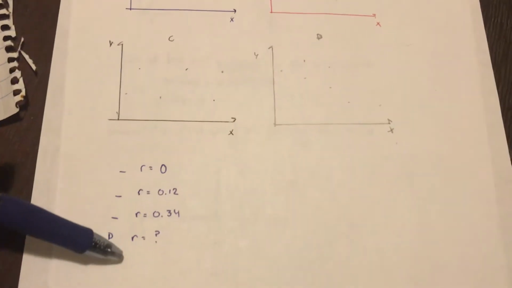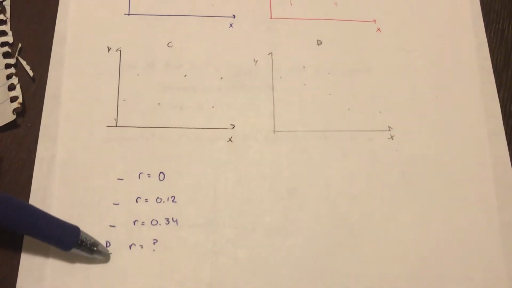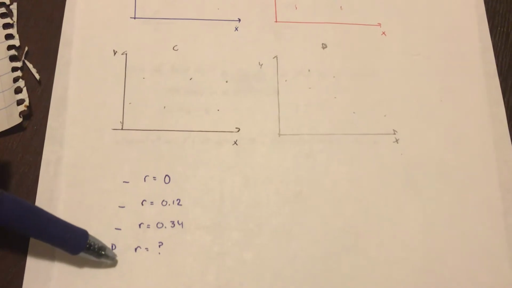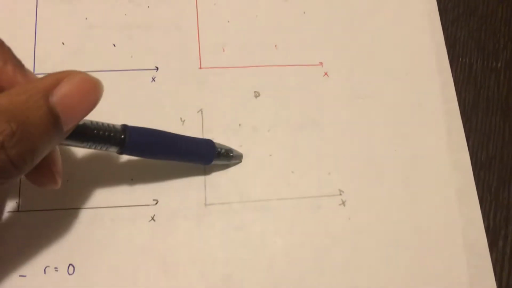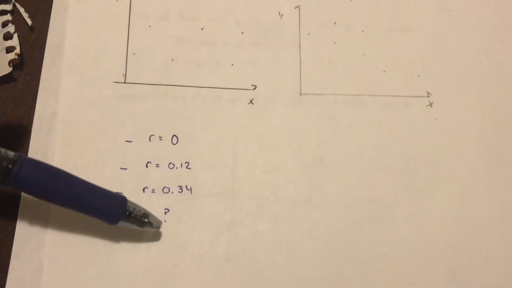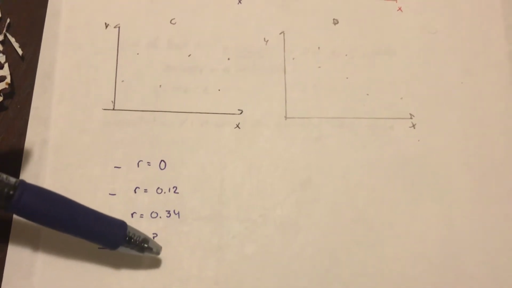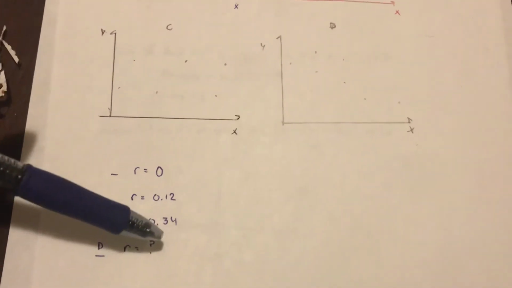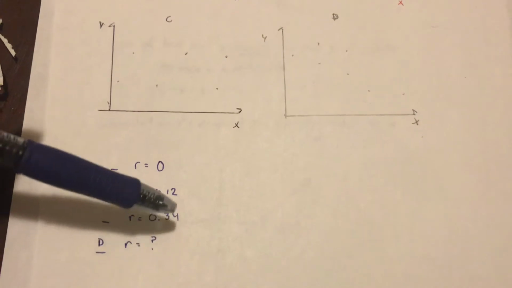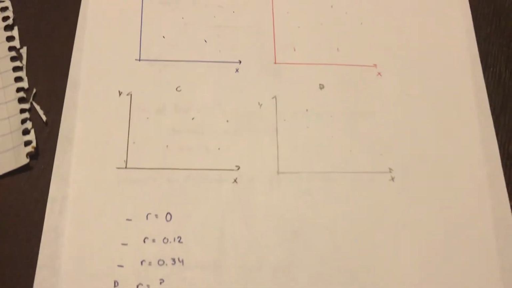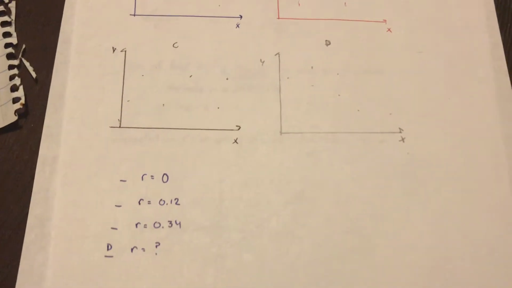But the trick here is that for the fourth one, we're given what graph it should be, which is D, but I'd like you guys to be able to give me an example of what number the R value should be around, and I'll give you guys some time to think about this. Just pause the video and then I'll share the answers for you.